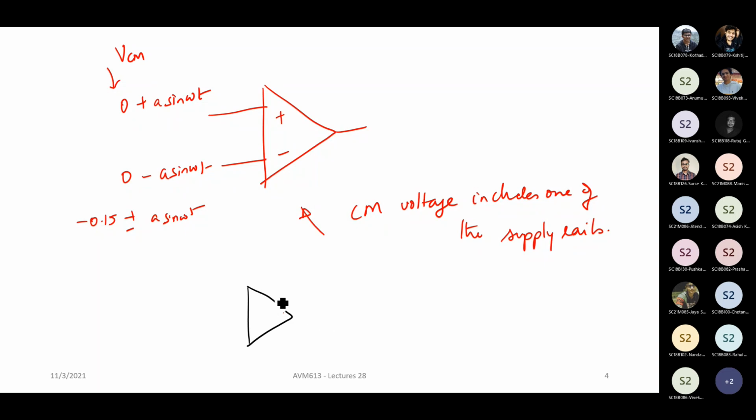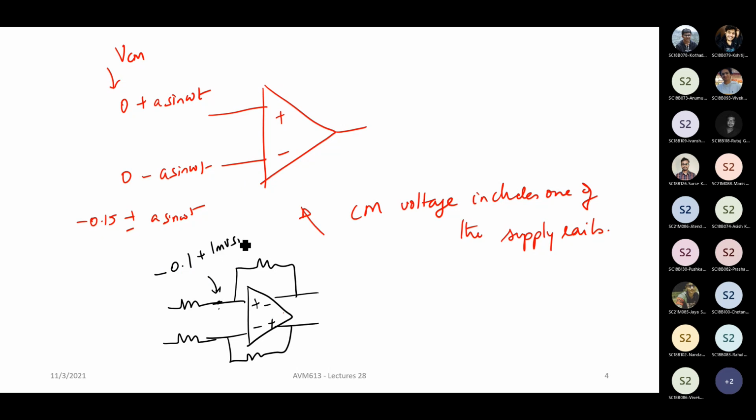It's a little easier to use the fully differential system. So with all the DC that is happening, let's say at this point you have minus 0.1 plus 1 millivolt sine omega t, and here it is minus 0.1 volt minus 1 millivolt sine omega t.